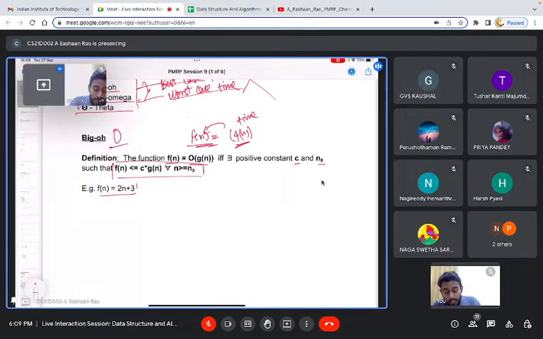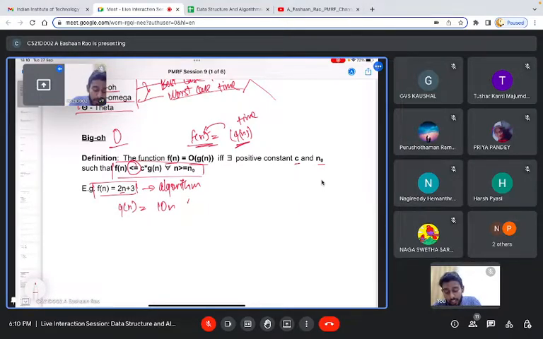We have a function f(n) = 2n + 3. You may find it from some algorithm, but usually this form does not give us a better understanding. So we have to define it in terms of big O. What we have to see is whether there is a function g(n) which is greater than or equal to 2n + 3.